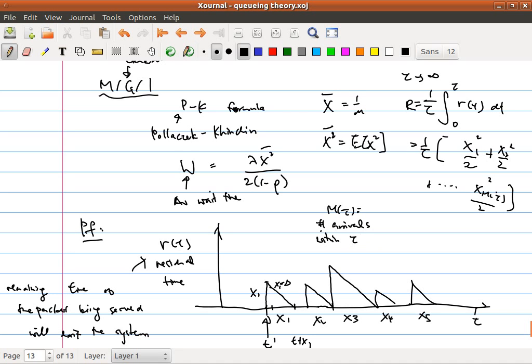Then for this same expression I can divide by m tau but multiply by m tau.